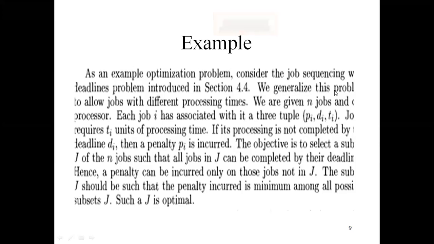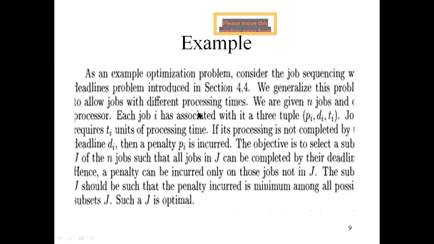Okay, now we generalize this problem to allow jobs with different processing times. We are given n jobs under a processor. Each job i has associated with it a three tuple: pi, di, ti. What is pi?